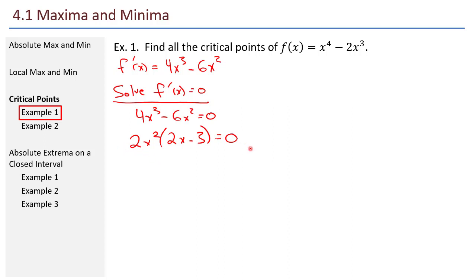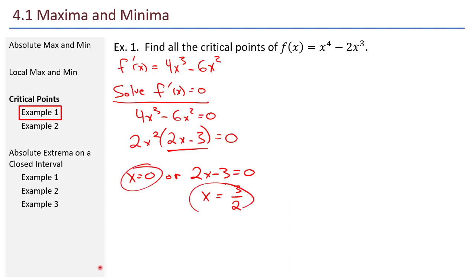And so solving, either x equals 0 or 2x minus 3 equals 0, which means in this second case x equals 3 halves. So x equals 0 or x equals 3 halves.